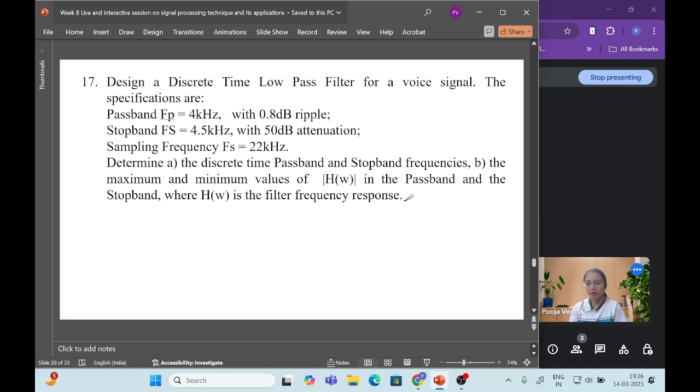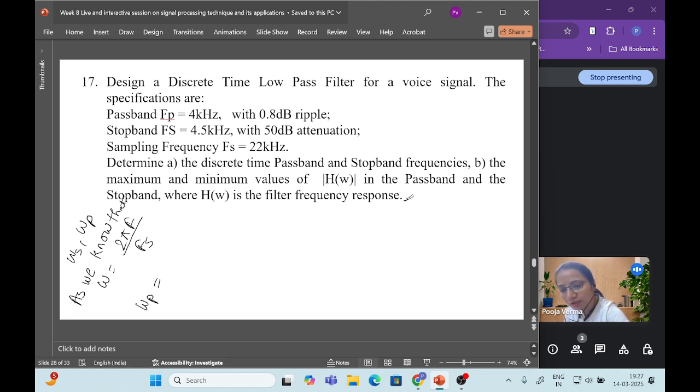Okay, so we have already solved how to find omega s and omega p. The relation is omega equals 2 pi f divided by Fs.